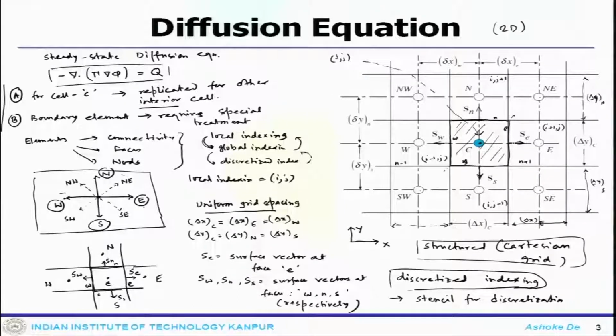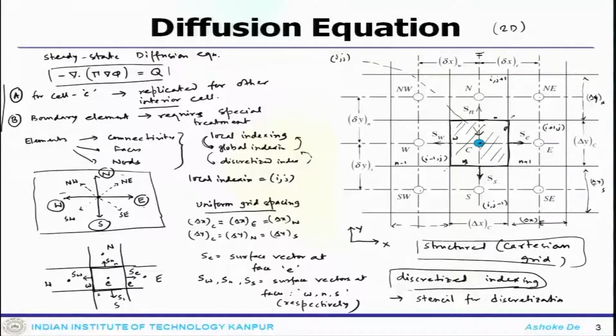In addition to all this marking, we should also have an idea about the distance between the centroid C and E, which is marked as delta x e, and between C and W, delta x w. Since this is a uniform system, these two will be equal.